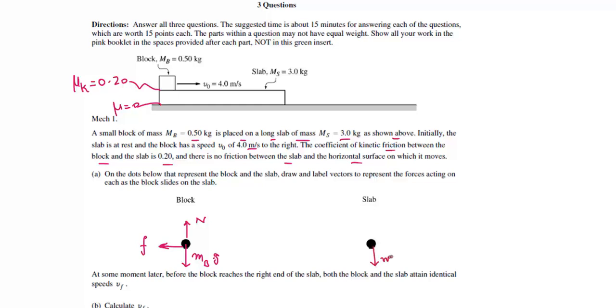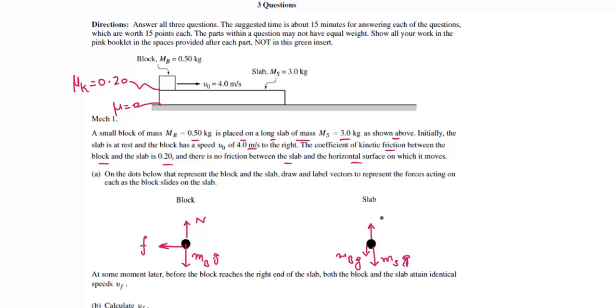Now what is the situation for the slab? The mass of the slab times g, also the mass of the block times g, because this block is placed on this slab, so the weight of the block is also acting on this slab.